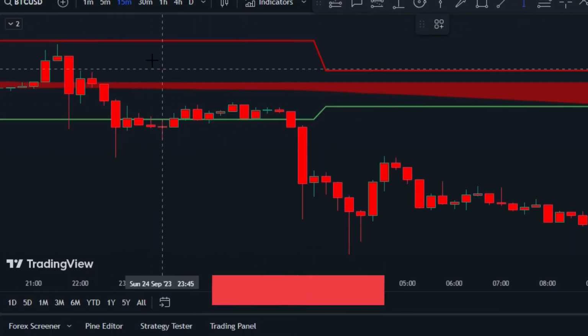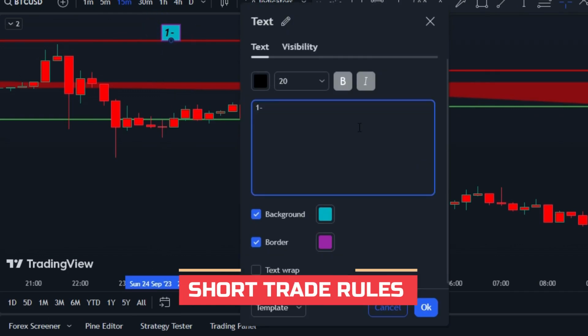To enter a short trade, you should wait for the price to go below the green line, which is the lowest price from yesterday.